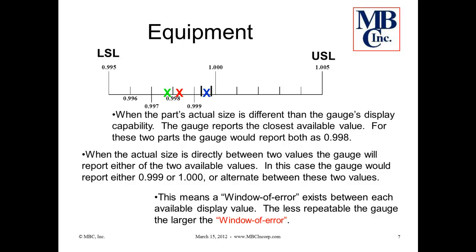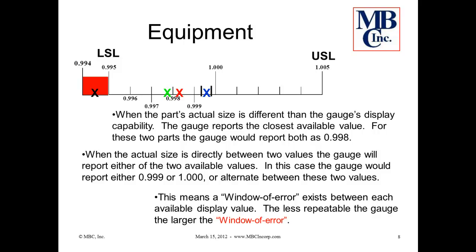If, however, as indicated by the graph above, the lower spec limit and the upper spec limit are 0.995 and 1.005 respectively, a part that falls between 0.999 and 1.000 would be of no consequence, so whichever way it measured would still be a good part. The problem exists, as indicated here by the black X in the red area on the left, a condition that is obviously out of specification.